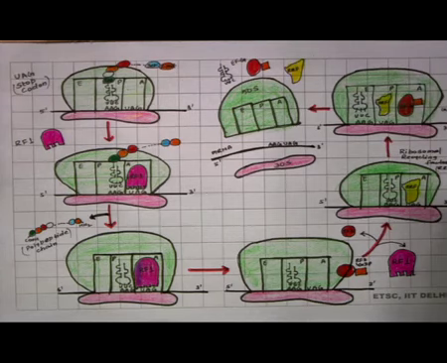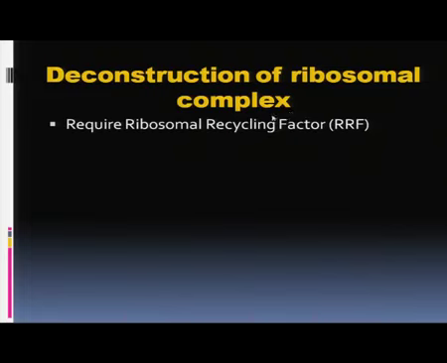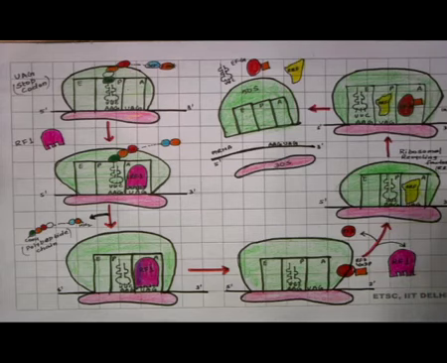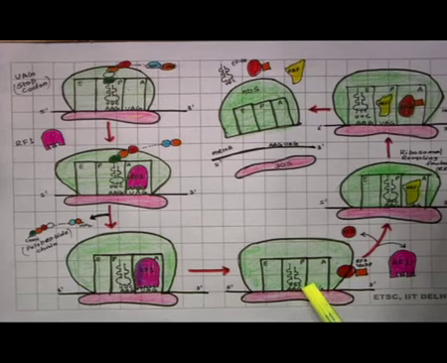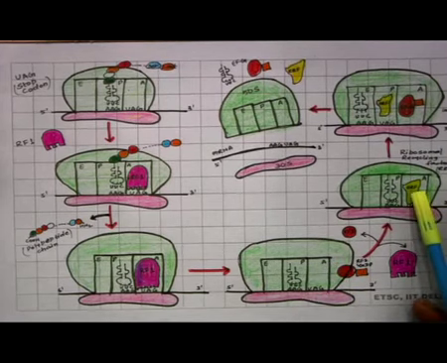So, deconstruction of ribosomes requires the ribosomal recycling factor. Here you can see it is the ribosomal recycling factor. This ribosomal recycling factor binds to the A site. As we know, the A site is free.